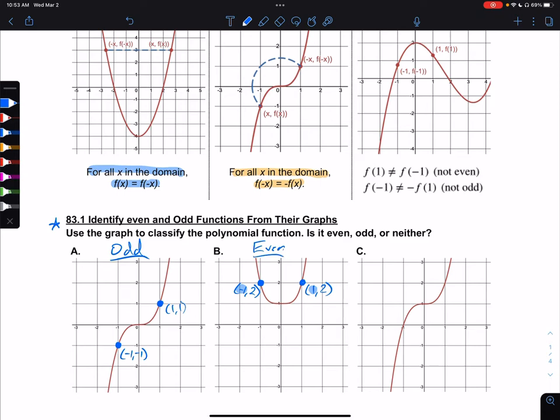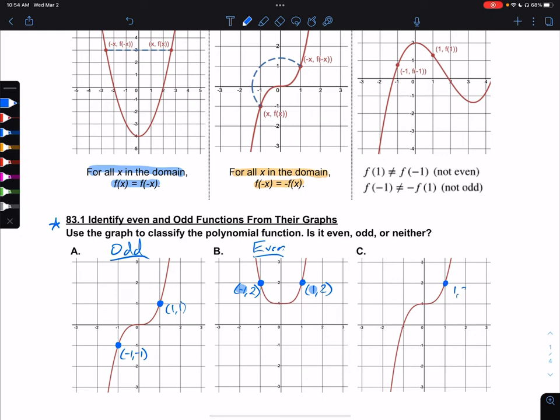If I were to cut this in half over the y-axis, this left side is reflective of the right side. Try not to overthink these. Just look at whether it's being spun around 180 degrees about the origin, or if it is reflected left to right side.